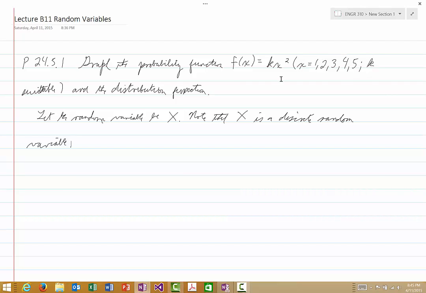And they say k suitable. Well, now let's talk about what k suitable means, because if we're going to graph this function, then we need to know what k is, and so that's our next question.